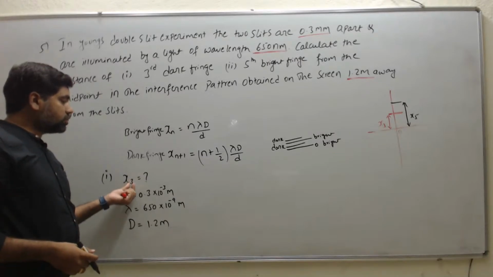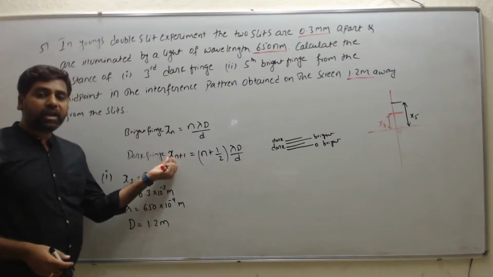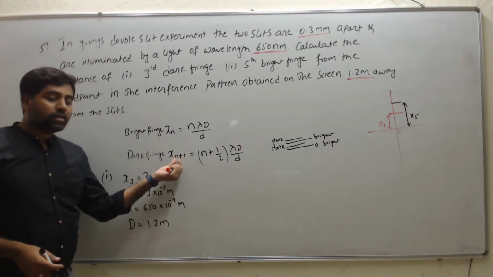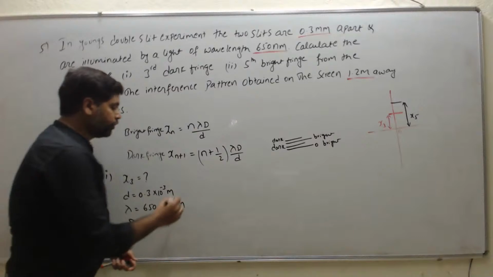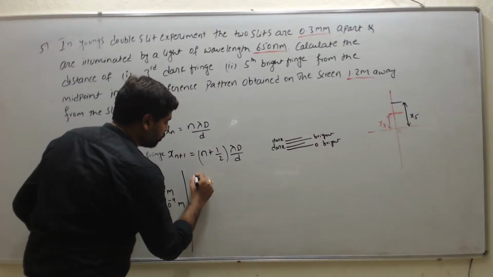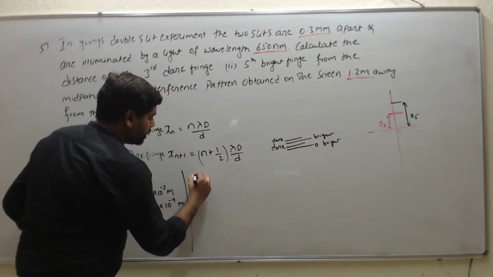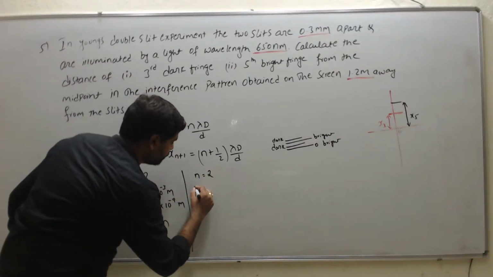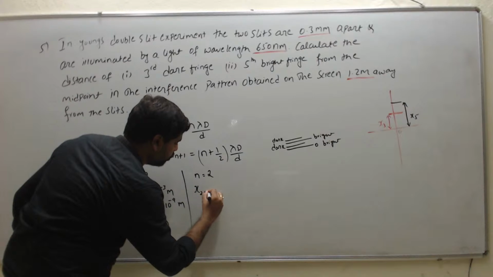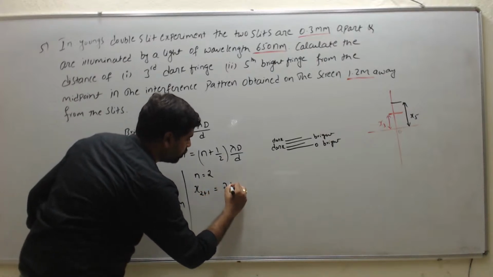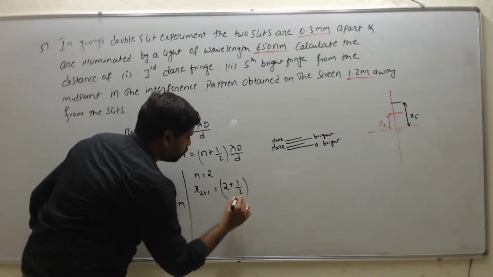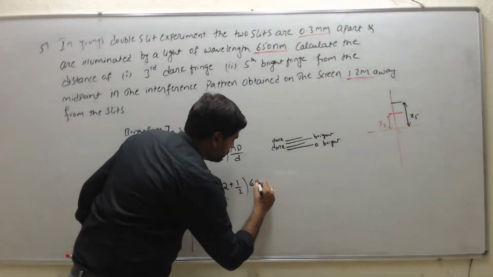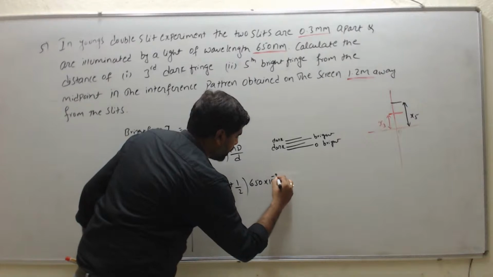For x3, we need to substitute the n value as 2, right? So for the first one, n is equal to 2, then substitute in this formula, then it becomes (2 plus 1) by 2. Then the lambda value is 650 into 10 to the power of minus 9.